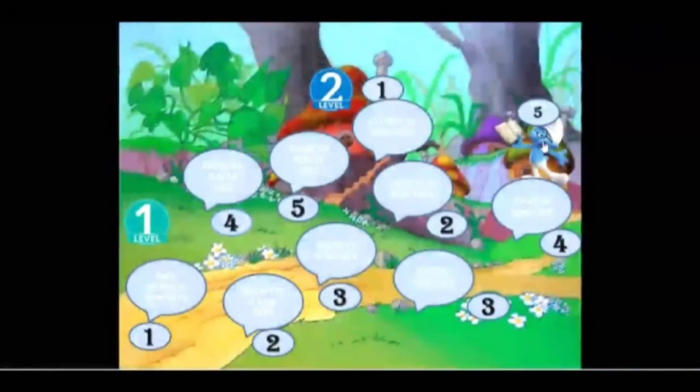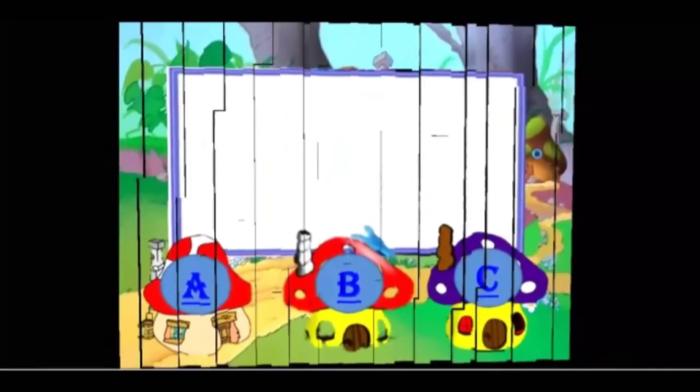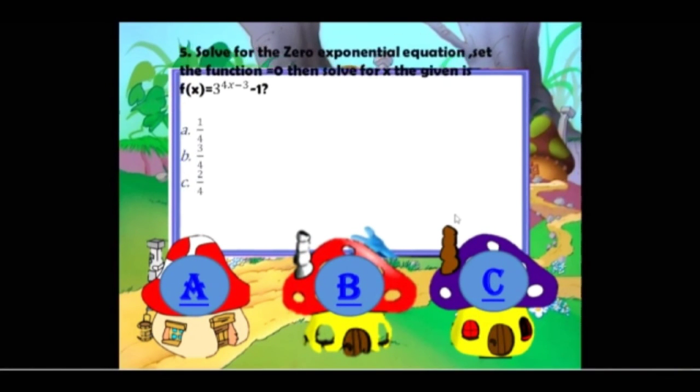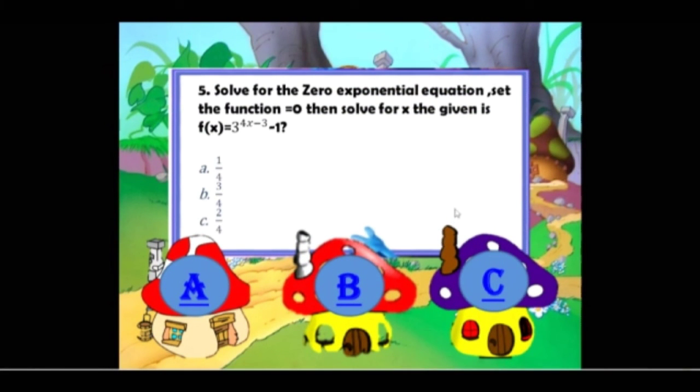Last number for your quiz. Solve for the zero of the exponential equation. Set the function equal to 0, then solve for x. The given is f of x is equal to 3 raised to 4x minus 3 minus 1. Last number.